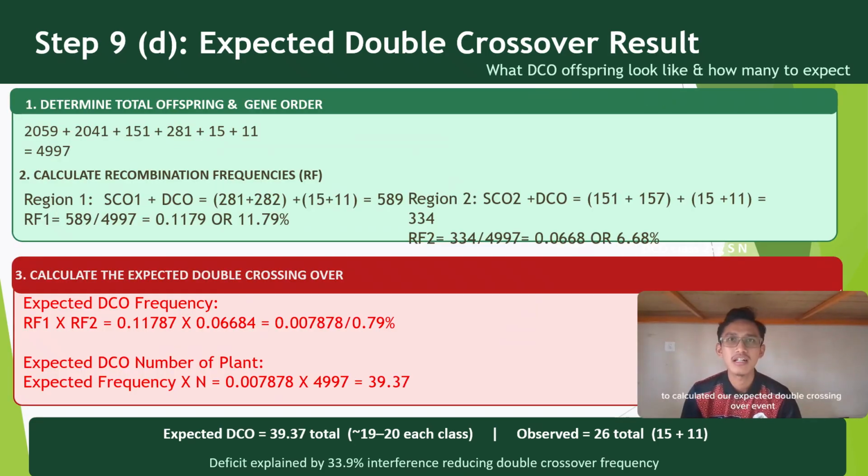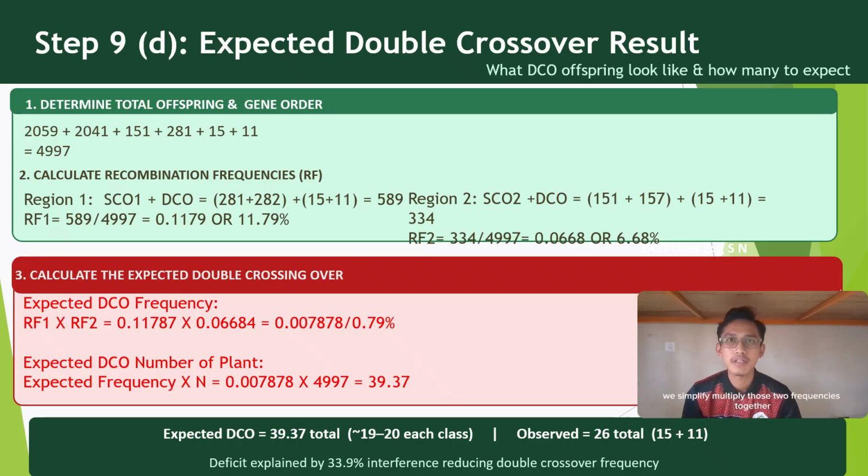To calculate our expected double crossover events, we first compare our parental and DCO classes, which proves the pod color gene sits in the middle. Next, we calculate the individual recombination frequency for both regions, assuming independence, meaning the crossovers don't interfere with each other.